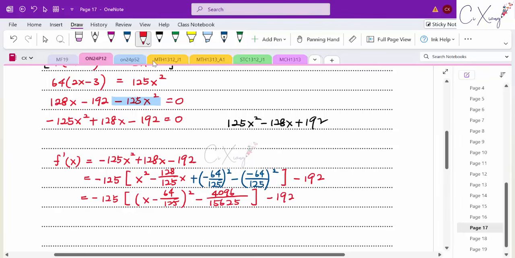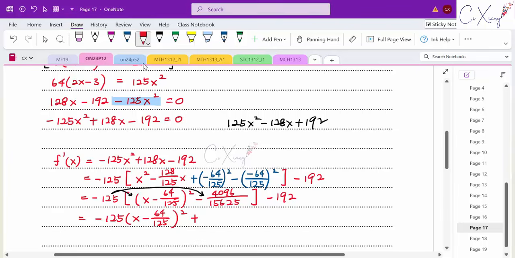Minus 192. And now for this particular step, I need to multiply negative 125 into both terms in my big bracket. Therefore, I'm having negative 125 times x minus 64 over 125, squared.